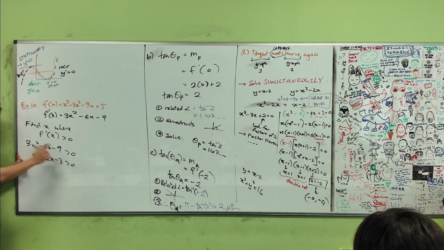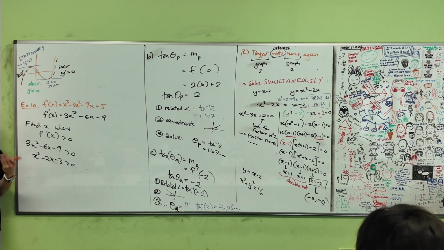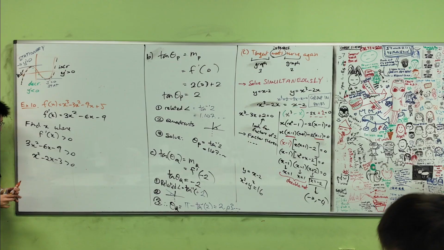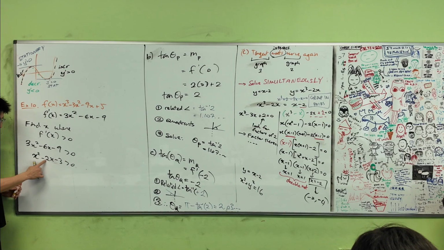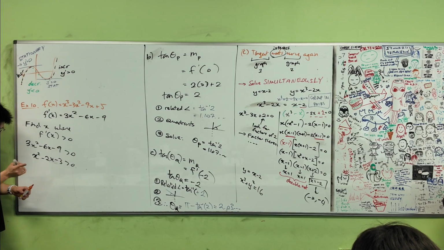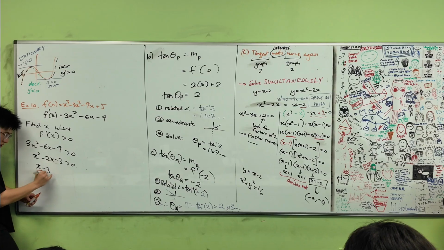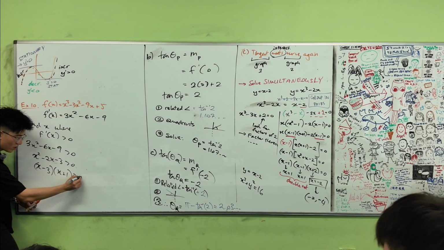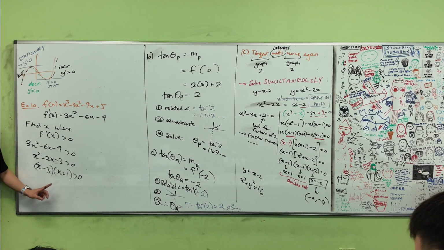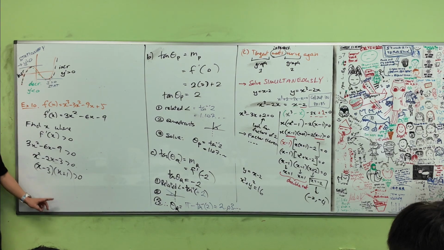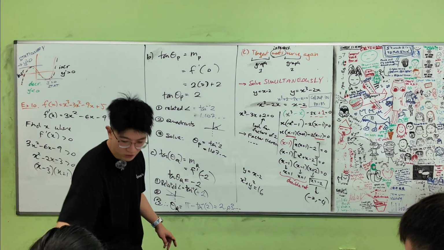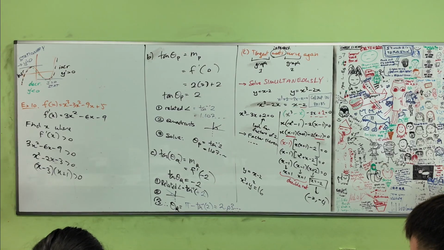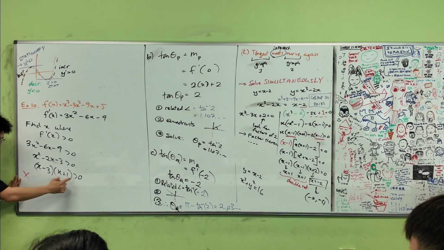x squared minus 2x minus 3. Now, when I divide both sides by 3 here, I don't flip the sign because 3 is positive. So just keep that in mind. All right, now I want to factorize this. x minus 3, x plus 1. Thank you for locking in. Okay, now, in a red pen, I'm going to draw what you do not do. You don't solve this algebraically like an equation.